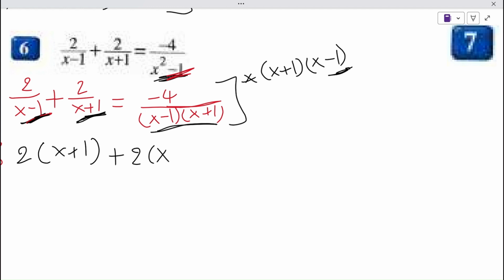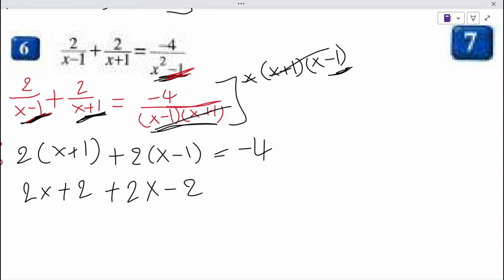Equal to, and this term is cancelled by this term. We just have minus 4 here. Let's multiply them. 2x plus 2 plus 2x minus 2 is equal to minus 4. Okay, guys? Now, look at here.